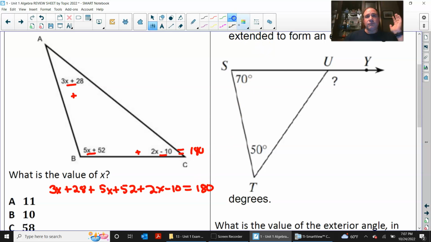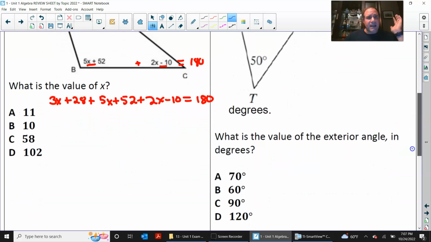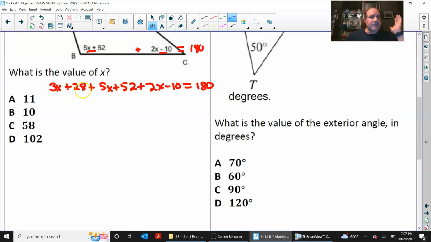And now we have a long equation, and all we have to do is solve for x. I'm going to move this up a little bit because I don't need the triangle anymore. I'm going to circle all my values of x to combine. 3x plus 5x is 8x plus 2x is 10x.